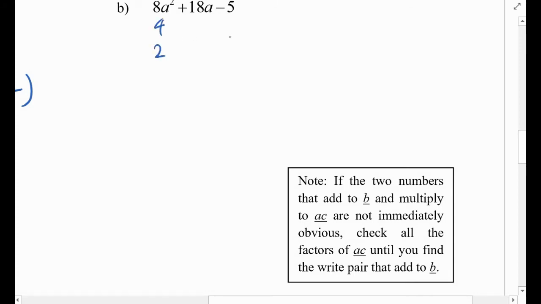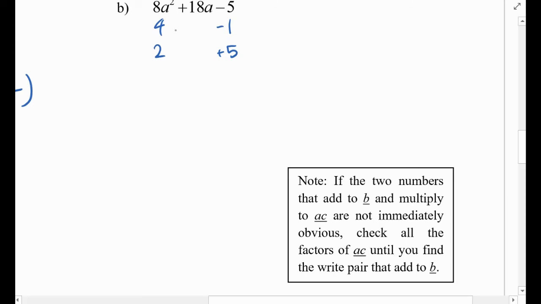So I'm going to find two numbers that multiply to 8 and two numbers that multiply to negative 5. Let's multiply 5 times 4, that is 20, and 2 times negative 1, that is negative 2. Add them up, it becomes positive 18. So this is a correct pair.